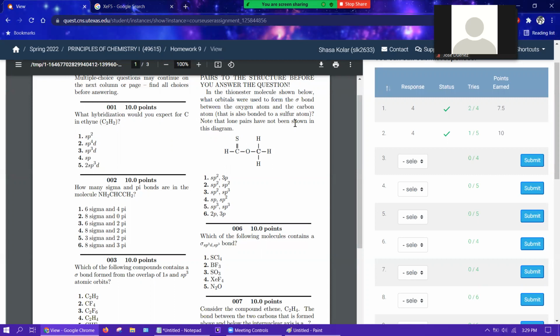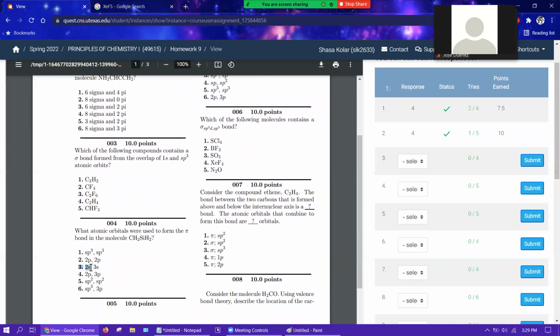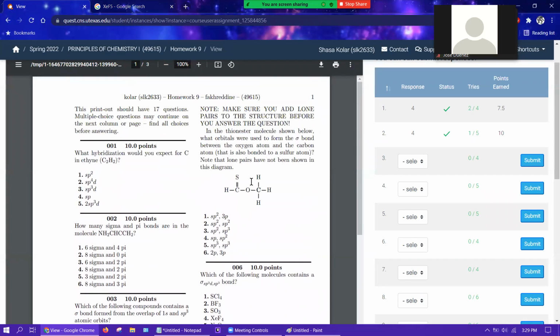The pi bonds are pure p, so it would just be 2p, not hybridized. See down here, that would be the suborbital energy. It'd just be 2p. But because it's a sigma bond, it has to be hybridized.